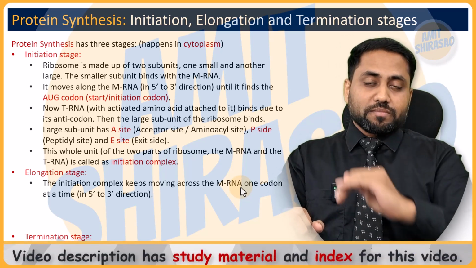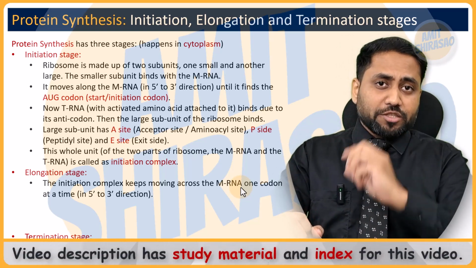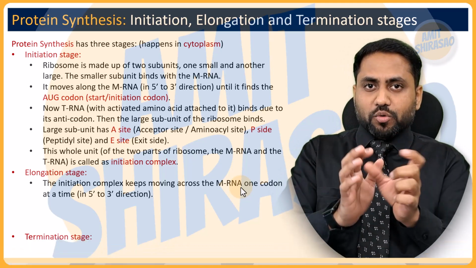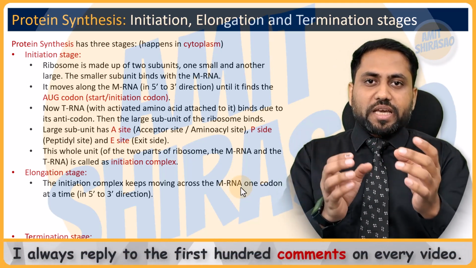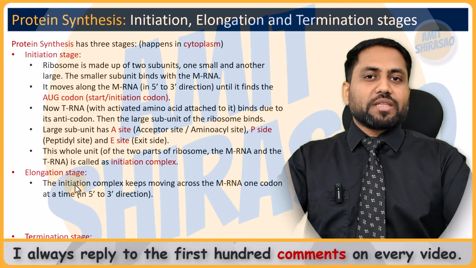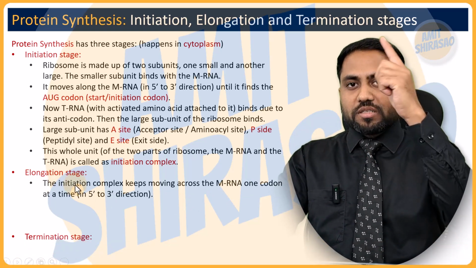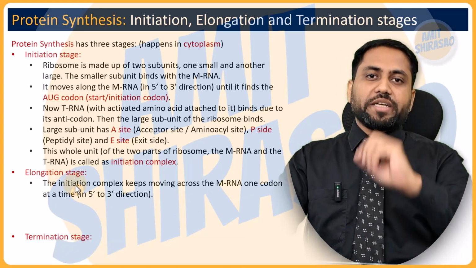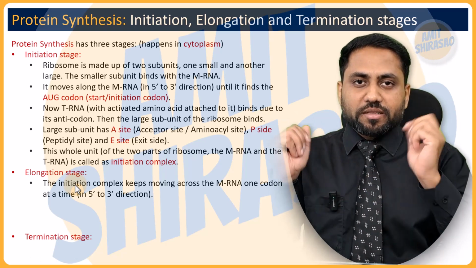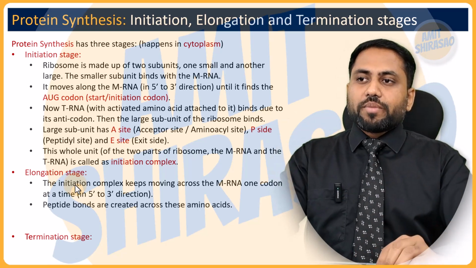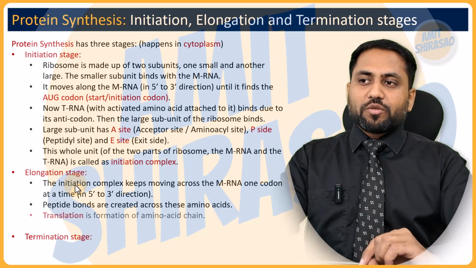This is your translation. Translation and translocation together are responsible for elongation. That means the chain of amino acids is elongating, the protein is getting generated, and peptide bonds are created across the amino acids.